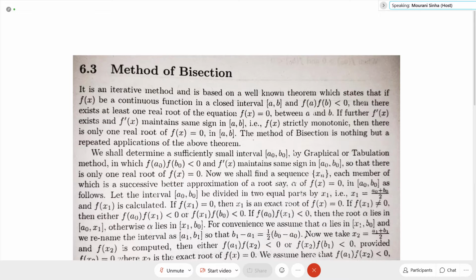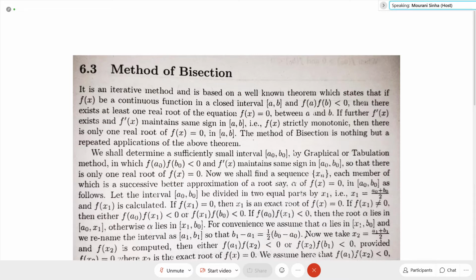That means if I multiply f(a) and f(b), it should be negative. Then there exists at least one root between a and b. Okay. So this is what we will be using and this is what we will be doing.